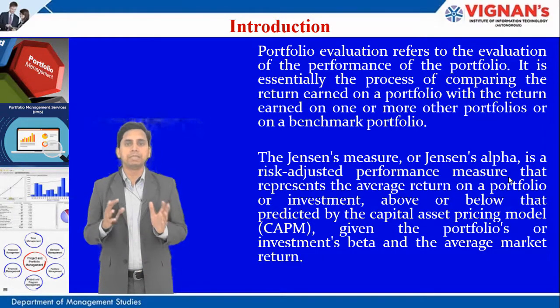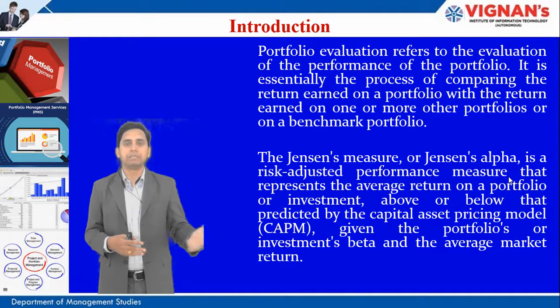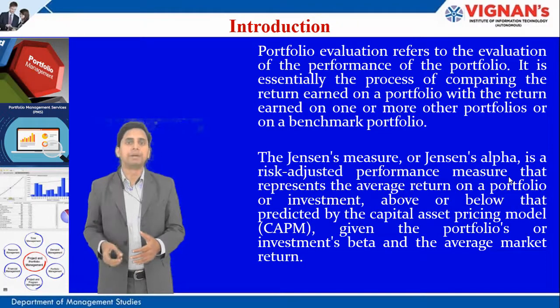Here the main consideration whether the portfolio has outperformed or not is based on the capital asset pricing model prediction values. If the performance is more than the capital asset pricing model, then we will rate the portfolio accordingly. At the same time, we will also consider the beta and the average rate of return in the market. Based on these two, we evaluate the portfolio performance using Jensen's measure.